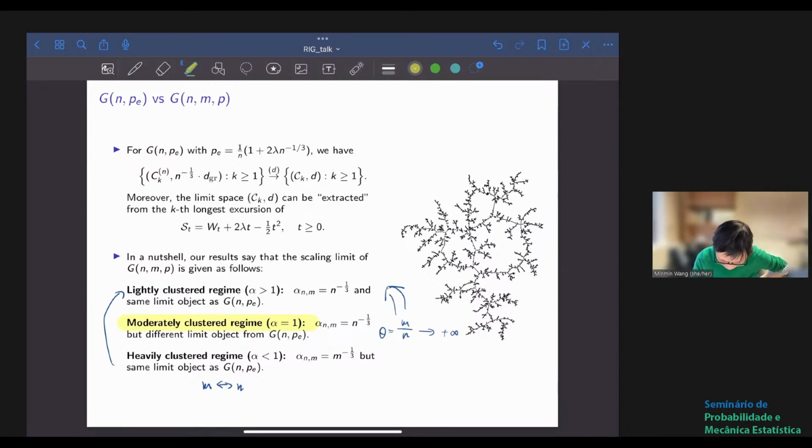So this is what I'm going to do. From now on, I'm just going to consider this moderately clustered regime.